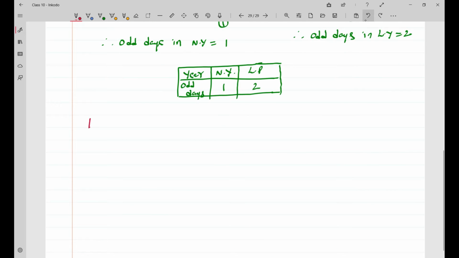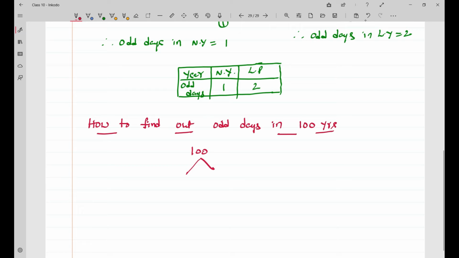Now let's see how to find out odd days in 100 years. In 100 years, 100 is divisible by 4.